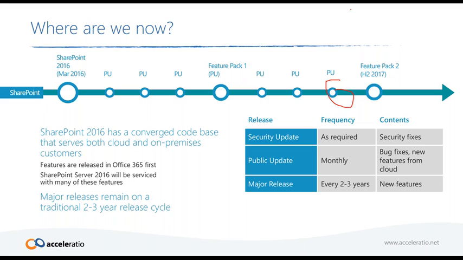But in terms of release cycle for IT professionals, this hasn't changed much for ages. The only major change is monthly public updates. Before, public or cumulative updates were released every 2 months. In the recent year, Microsoft has changed this to monthly updates, so every month there is a patch for your SharePoint environment.